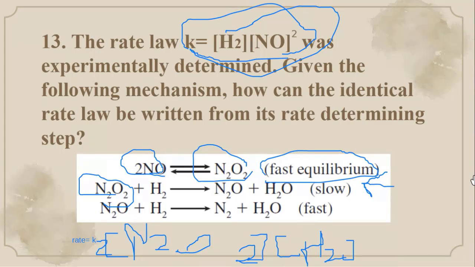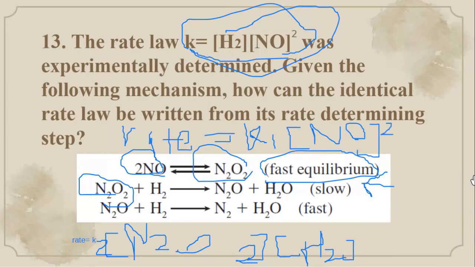So now I'm going to write a rate law for the forward reaction of the fast equilibrium. So how would that look? So I'm going to write rate equals, and I'm going to name this k1, NO squared.